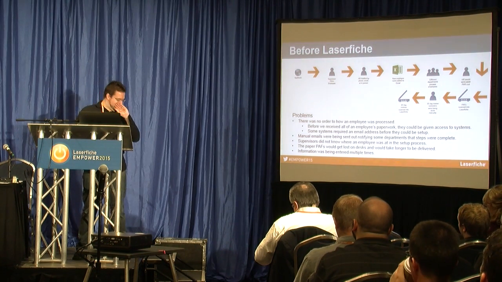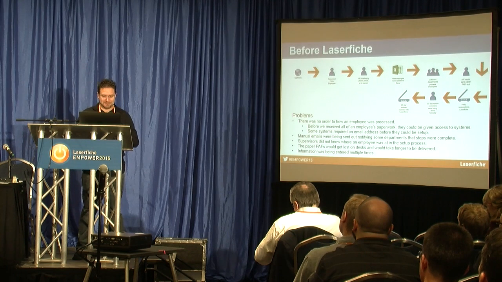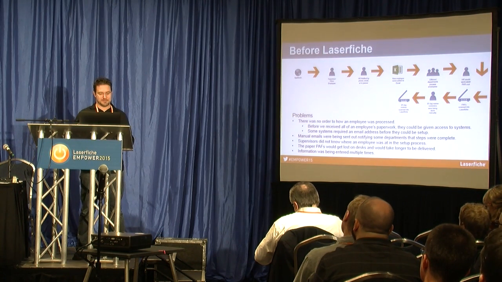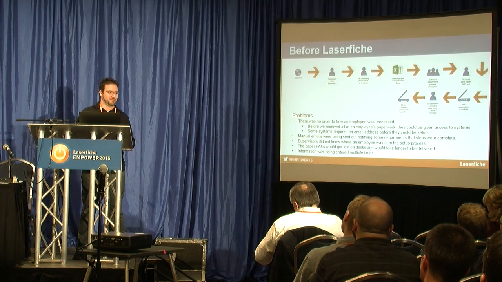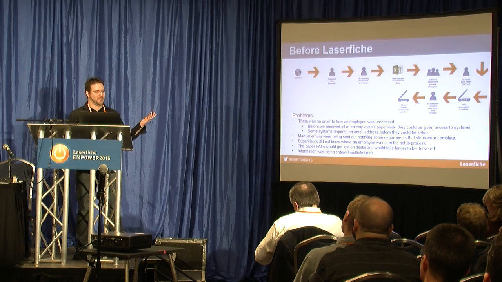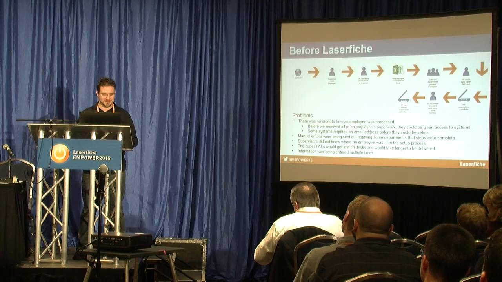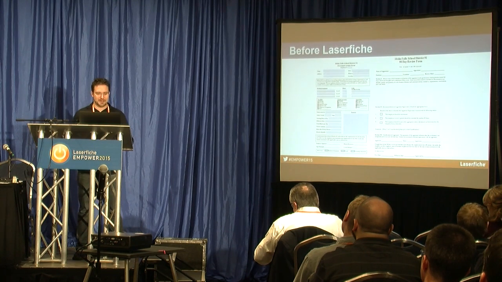So there was a lot of stuff being done manually that didn't need to be. Things were being entered multiple times into different systems on different pieces of paper. At the beginning in AppleTrack, we had already collected most of it, but we were asking for it multiple times. So that became an issue that we decided needed to be addressed.